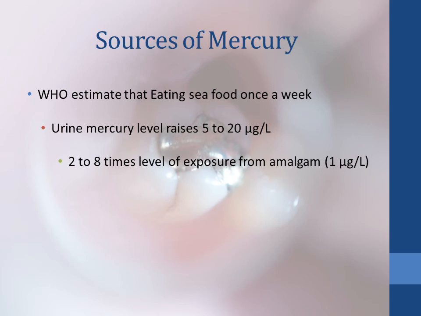So, WHO estimates that eating seafood once a week, the mercury level in the urine rises from 5 to 20 micrograms per liter, and that is 2 to 8 times the level of exposure from amalgam, which is just 1 microgram per liter.